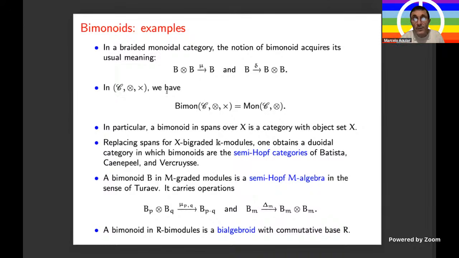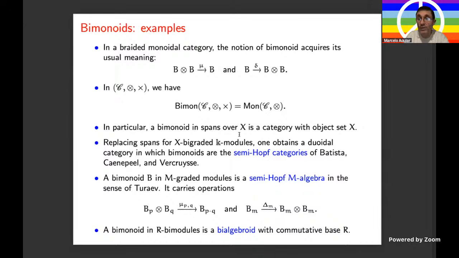In these types of examples in which the second operation is Cartesian, comonoids in that setting, every object has a unique comonoid structure, and as a consequence, every monoid has a unique bimonoid structure. So that's all we get for those examples. In particular, this applies to the category of spans, which was of this form. So what does that mean?